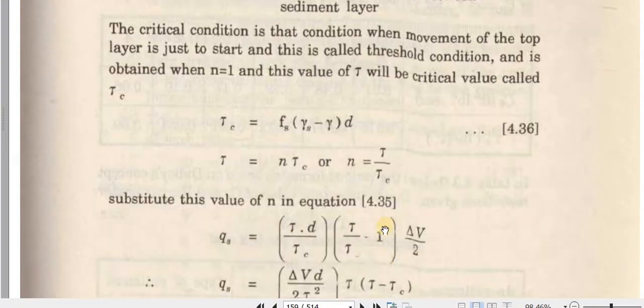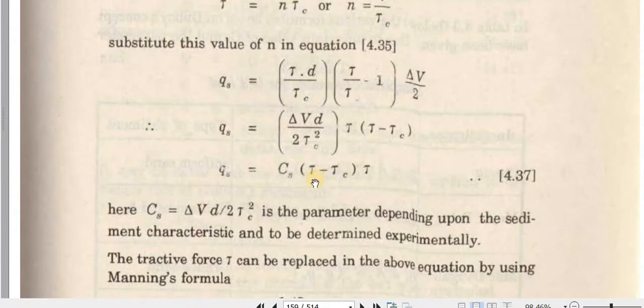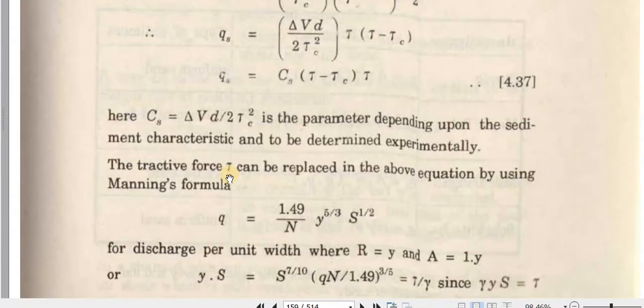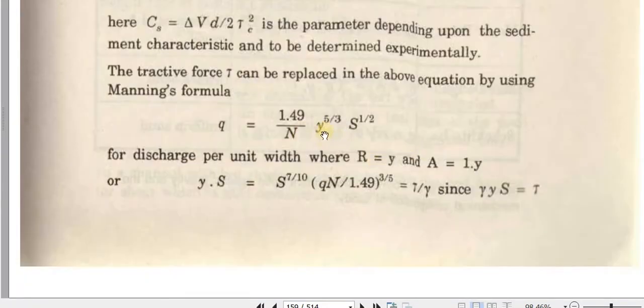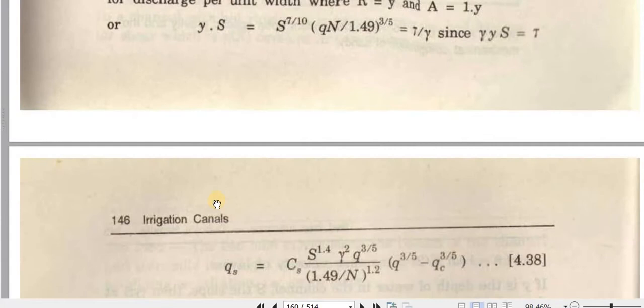N is equal to this, and another equation is this, that is the equation of Qs. We can also use this equation, where Q is basically the discharge per unit bed width.